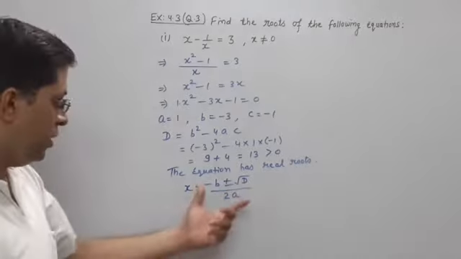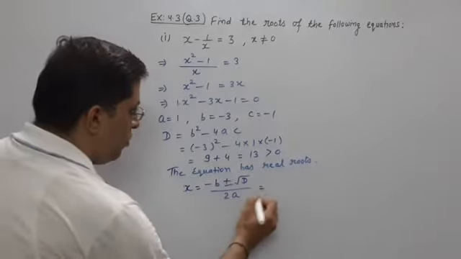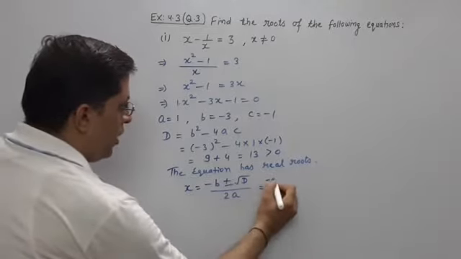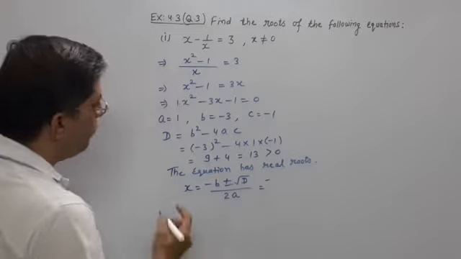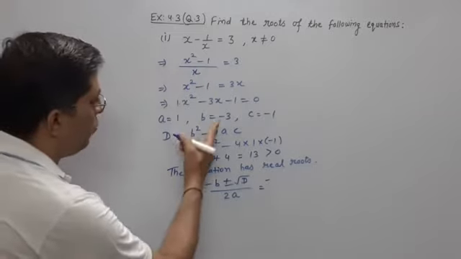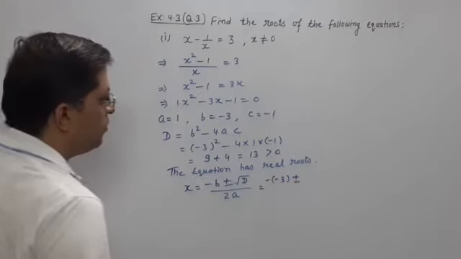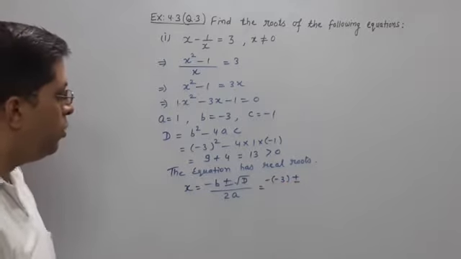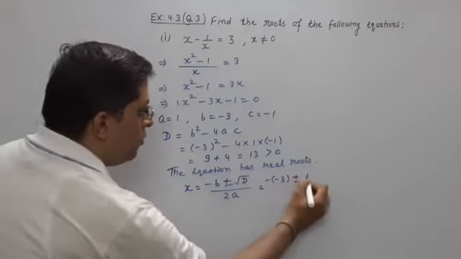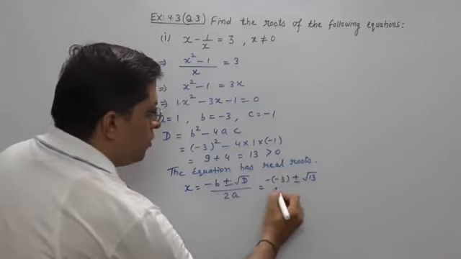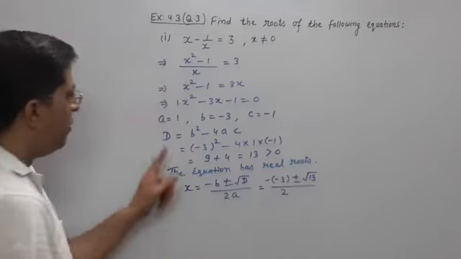Getting? Now see here. Minus b is what? B is what? B is your minus 3. Plus minus under root d, that is 13, upon 2. A is what? 1.